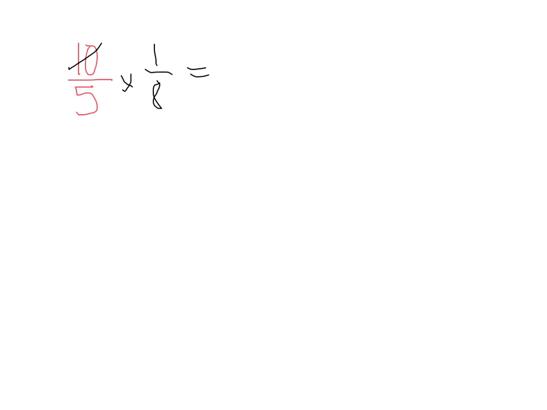Let's cross simplify. 8 and 10 share 2. So 8 divided by 2 is 4, 10 divided by 2 is 5. Multiply across the top, multiply across the bottom, simplify, divide by 5, divide by 5, what do you get? Okay, so let's think about what this means.